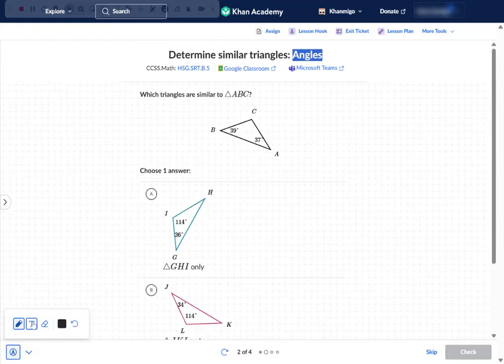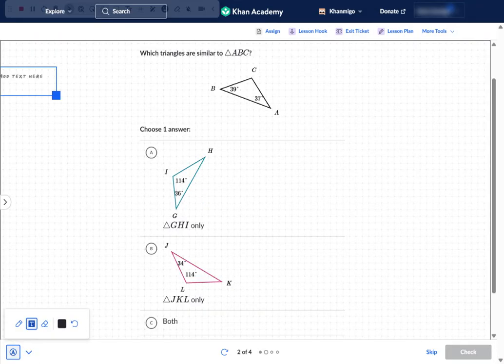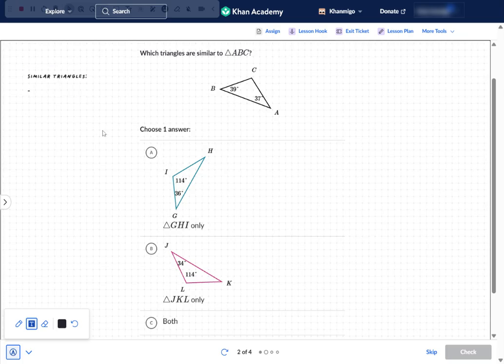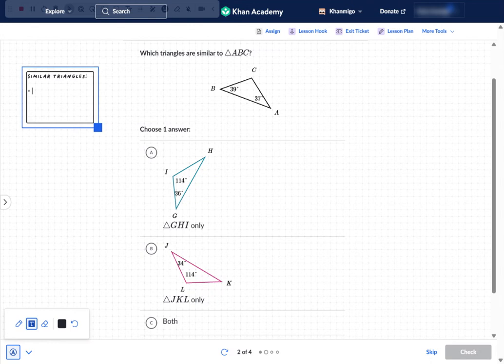So quick recap. What do we know about similar triangles, specifically with their angles? This is just like with dilations. Let's draw it out.